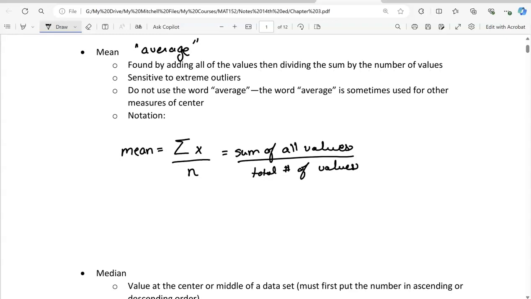Now, we could talk about the mean for a sample, or we could talk about the mean for a population, and there's notation associated with each one of those. If we see this X with a line over it, that's called X bar. And this is what we think of when we talk about the sample mean.